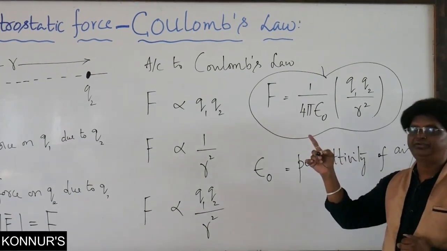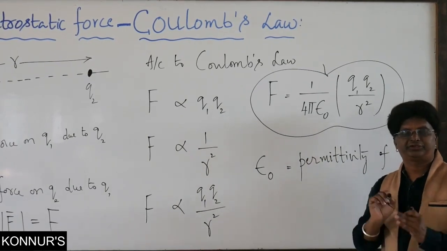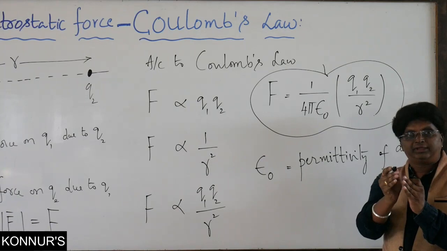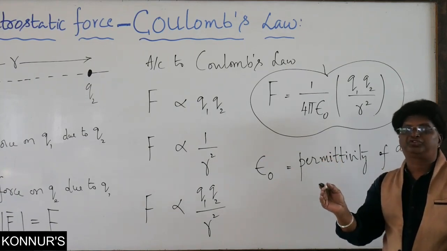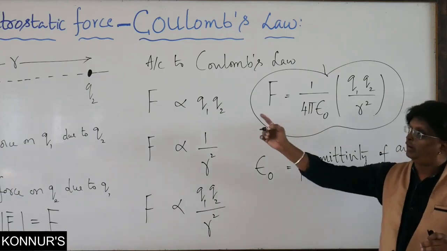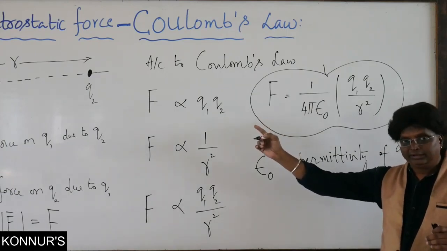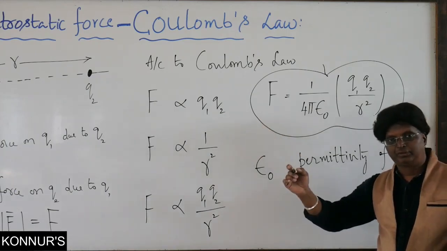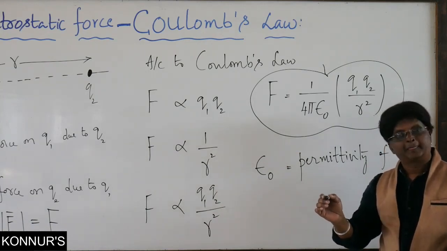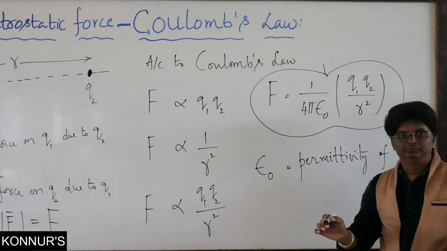When we consider the two stationary charges Q1 and Q2 separated by distance r, there is a medium between the two charges which is going to be vital. Here we have shown two charges Q1 and Q2 separated in either air or vacuum.